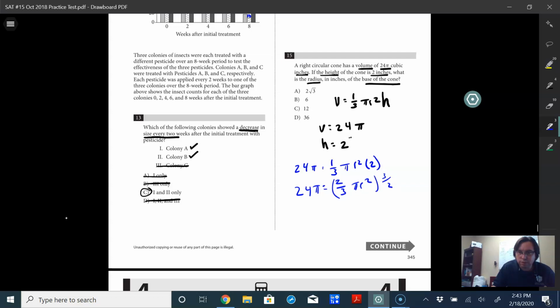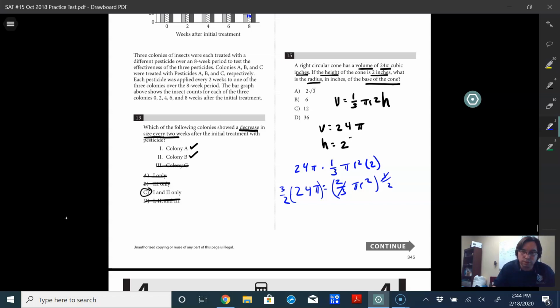That's going to eliminate that, and so multiply that by 3/2. That's then going to give me 3 times 24. Let's divide that in half. Get my calculator.